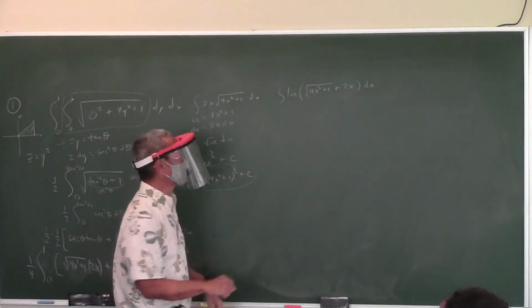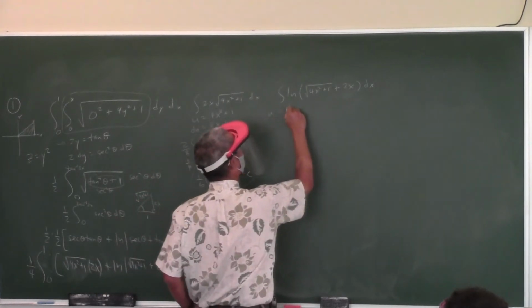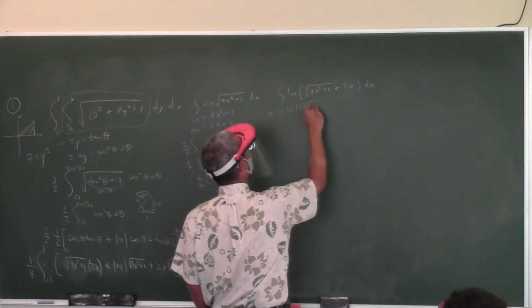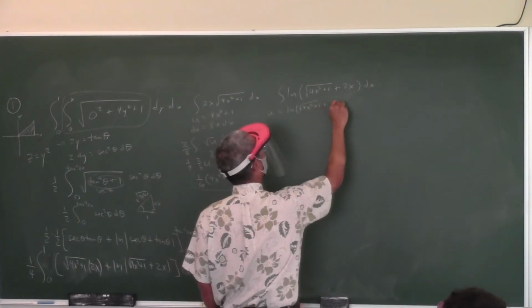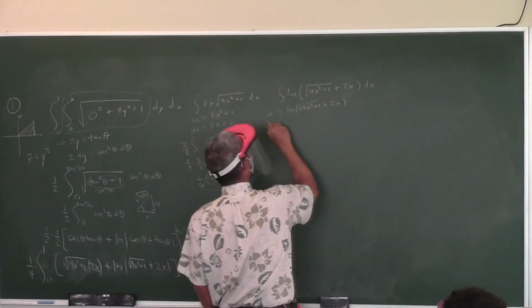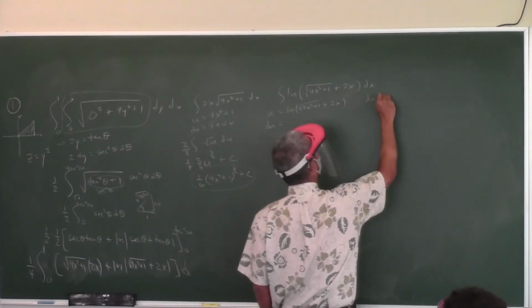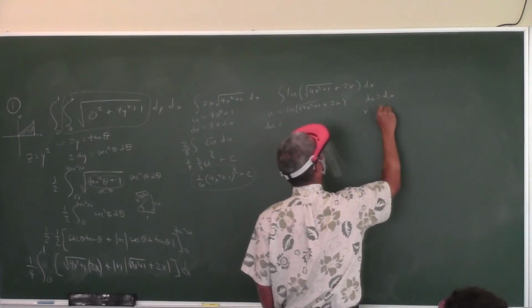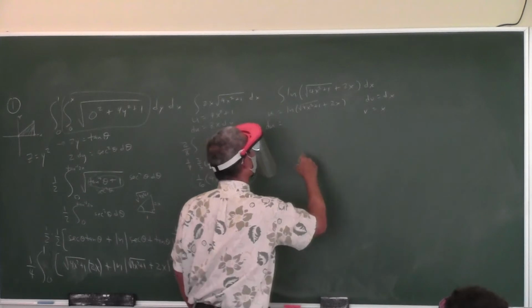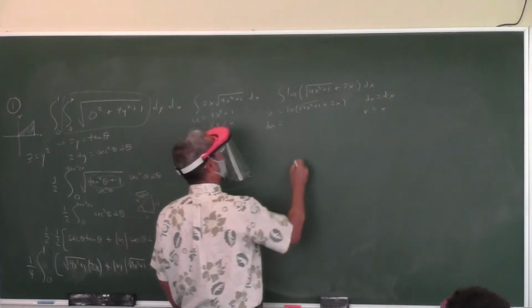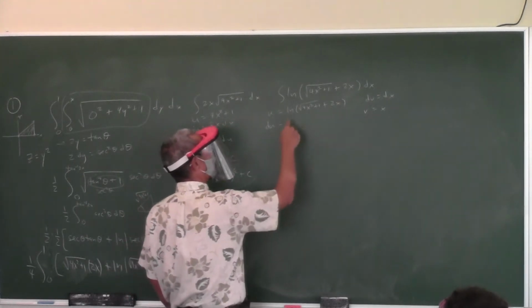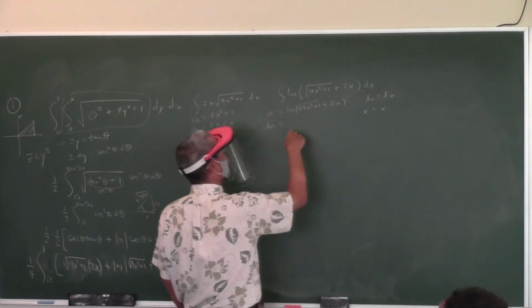Integration by parts. So u equals natural log, and then dv is the dx, so therefore v is x, right? Now, how do you get du? Okay, this is u, what is du?